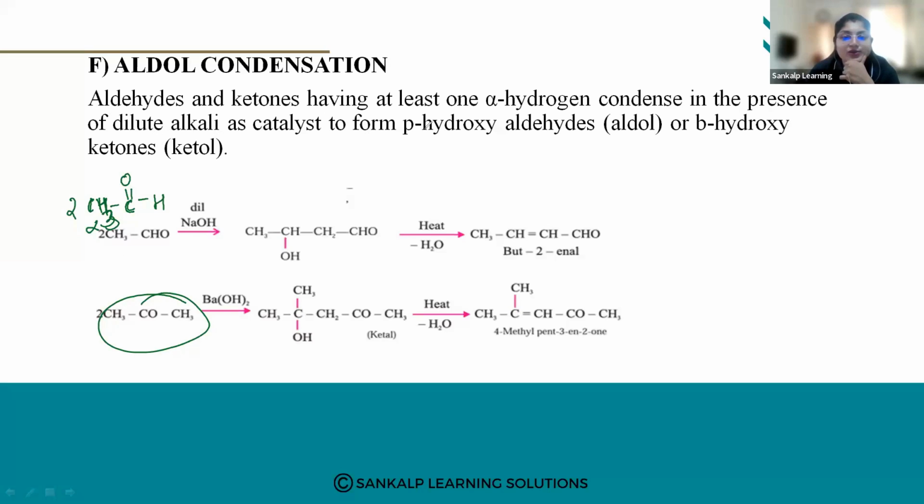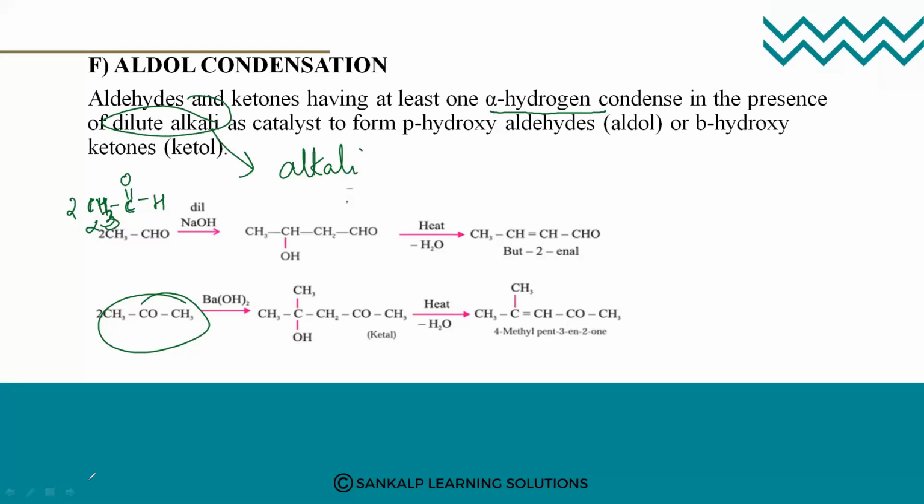Aldehydes and ketones which have at least one alpha hydrogen condense in the presence of dilute alkali. So we are going to take alkali here. Alkali means what? A base when it is dissolved in water gives you alkali.